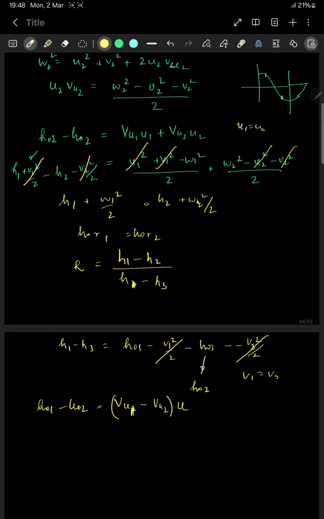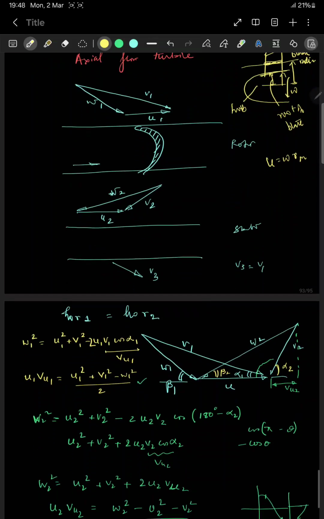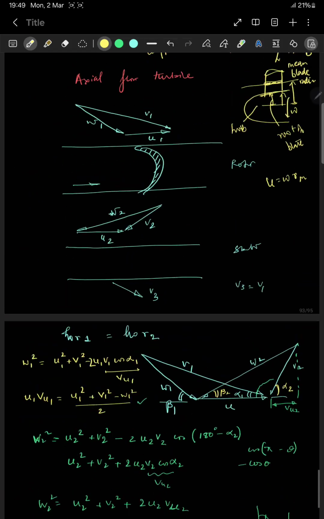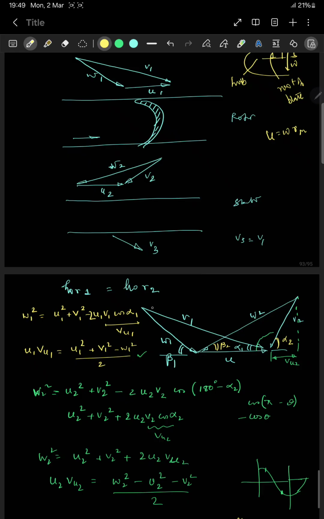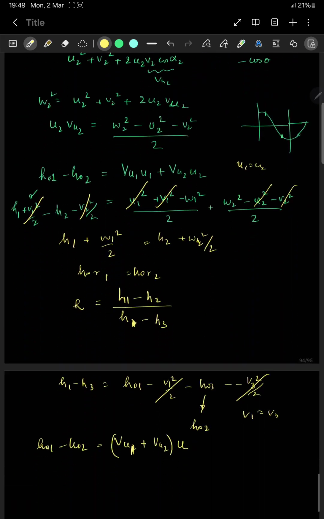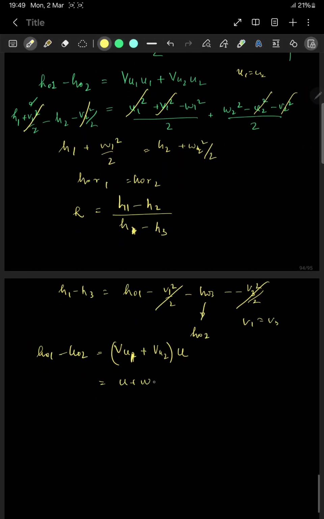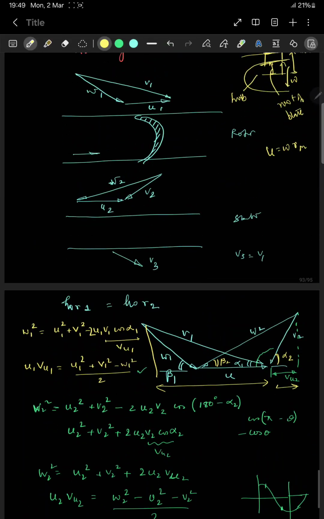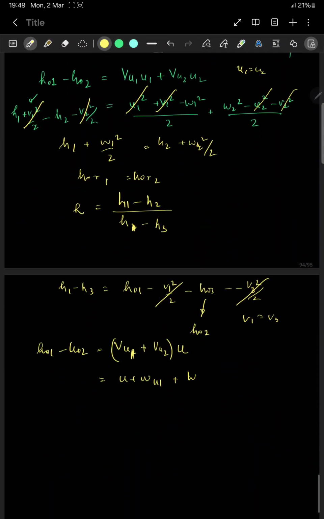If you see the diagram, this is plus, not minus, right? So vu1 is u plus wu1, and vu2 is wu2 minus u, into u.